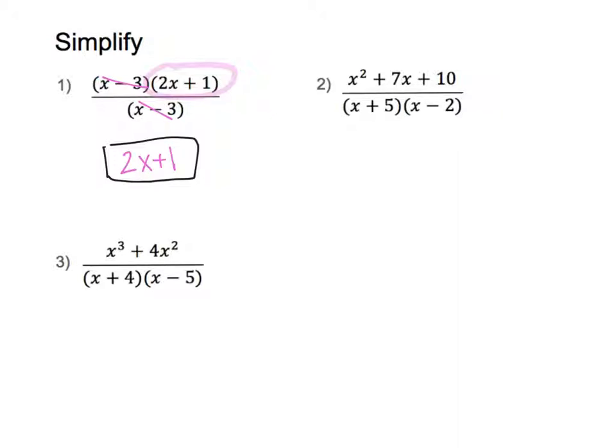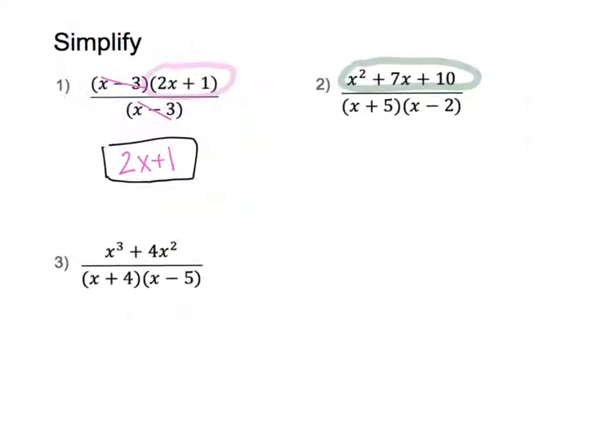For quadratics, one of the useful things that we learned is factoring quadratics. I can take this equation and try to factor it to see if I can cancel out with my denominator. So if I were to try to find the factors here, let's see. Let me write it this way.